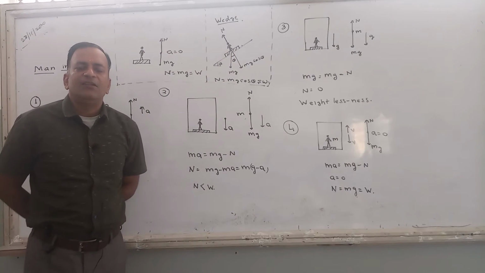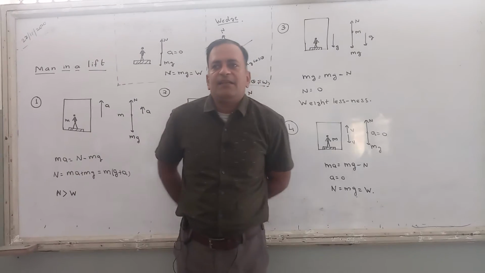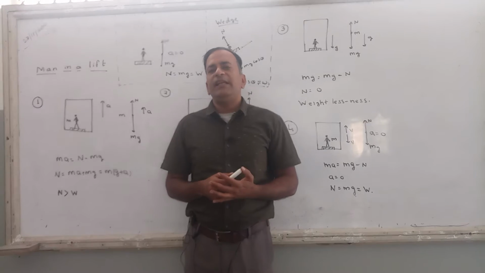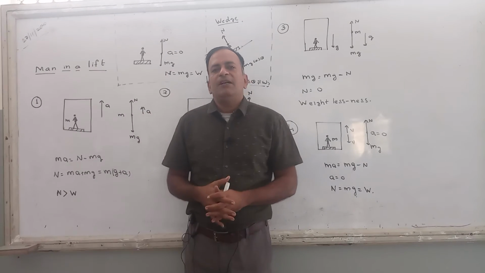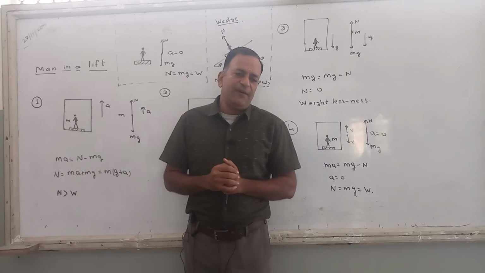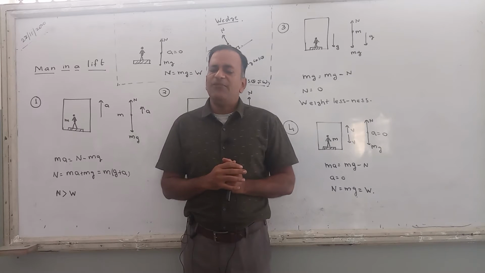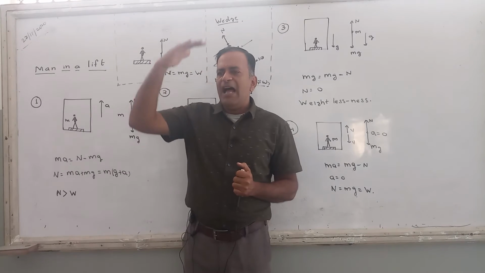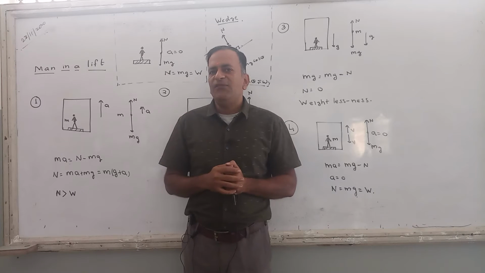All right. Now, this is the simple weight measurement of any body, whether you weigh a man or wheat placed on a weighing machine or a scale. But if a man is standing inside an elevator or a lift and the lift is moving up and down, will there be any change in the weight of the person?